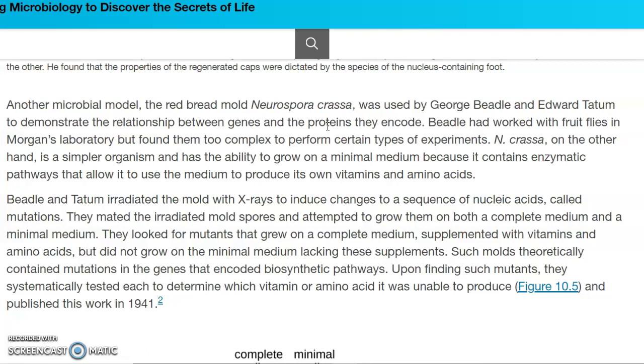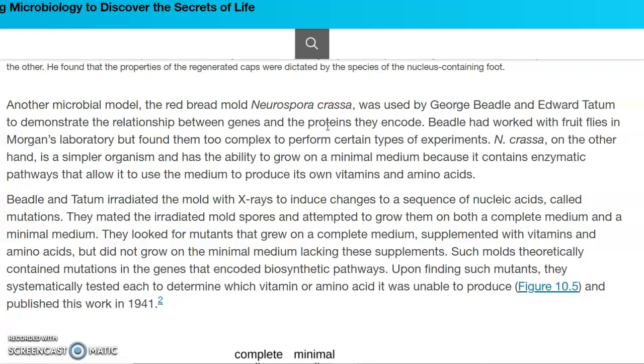And they looked for mutants that could grow on this complete medium. The complete medium would have the vitamins and amino acids that they needed, but these irradiated ones couldn't grow on the minimal medium because it didn't contain the nutrients that they needed. And so those molds would contain mutations in the genes that encoded for those biosynthetic pathways.